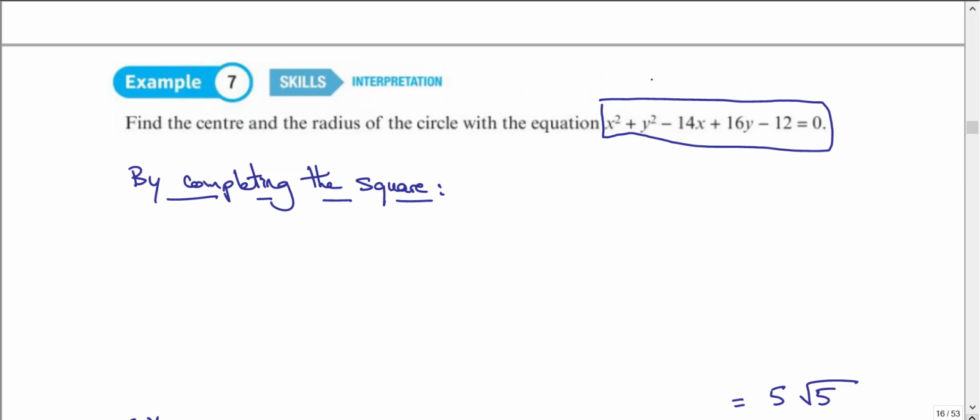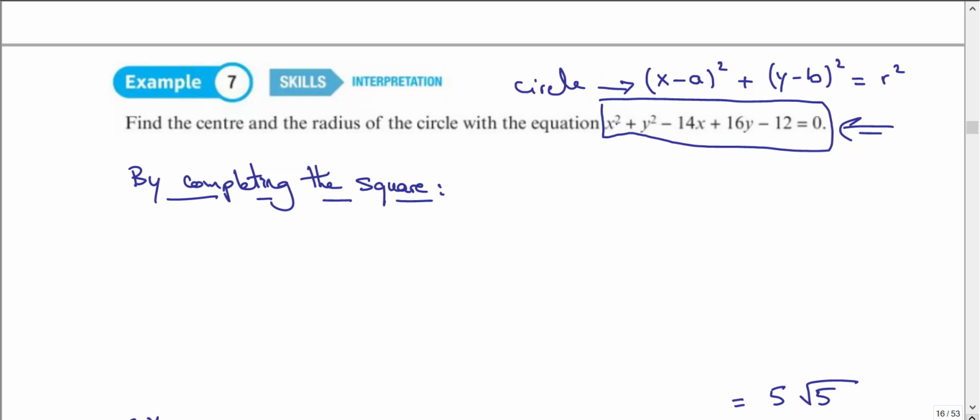No. It's (x minus a) whole power 2 plus (y minus b) whole power 2 equals radius squared, where a and b is the center. This is the equation of the circle. So if this is the equation of the circle, then what's that? That's another form, the expanded form.